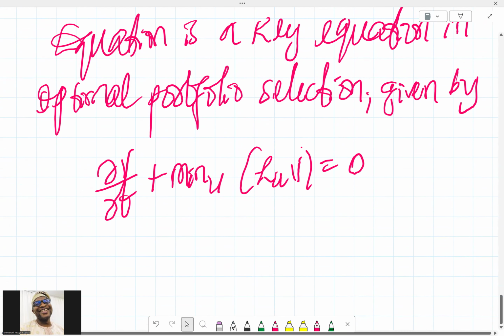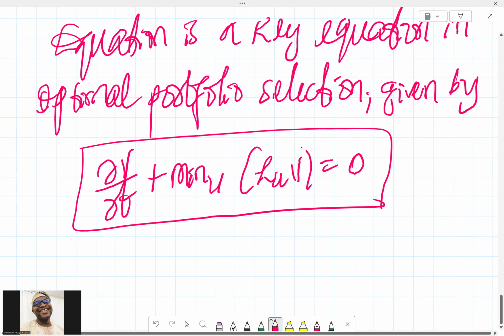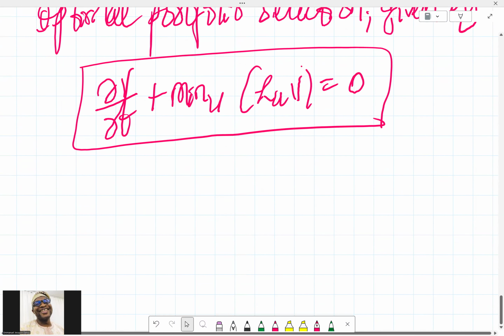Of course, since you're not delving into this, I'm not talking about what each of these terms mean. But if you're interested, you can investigate further into these things.